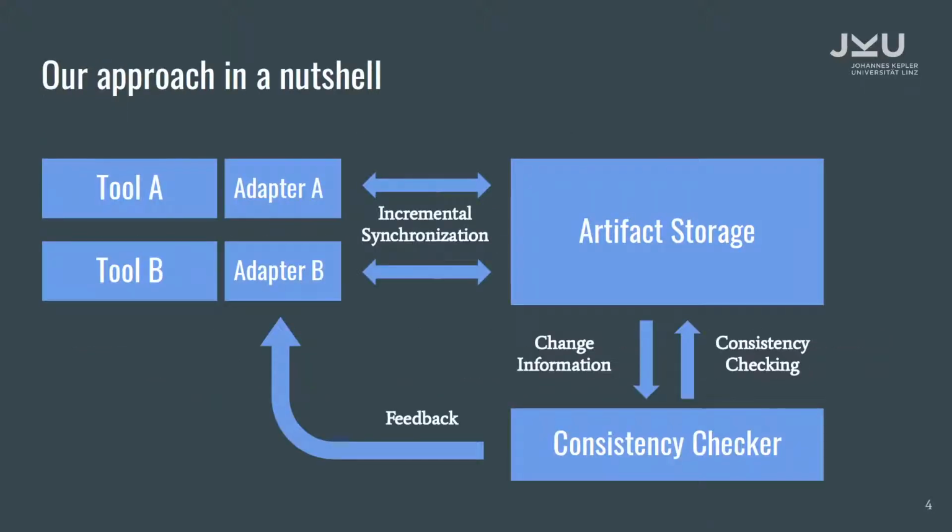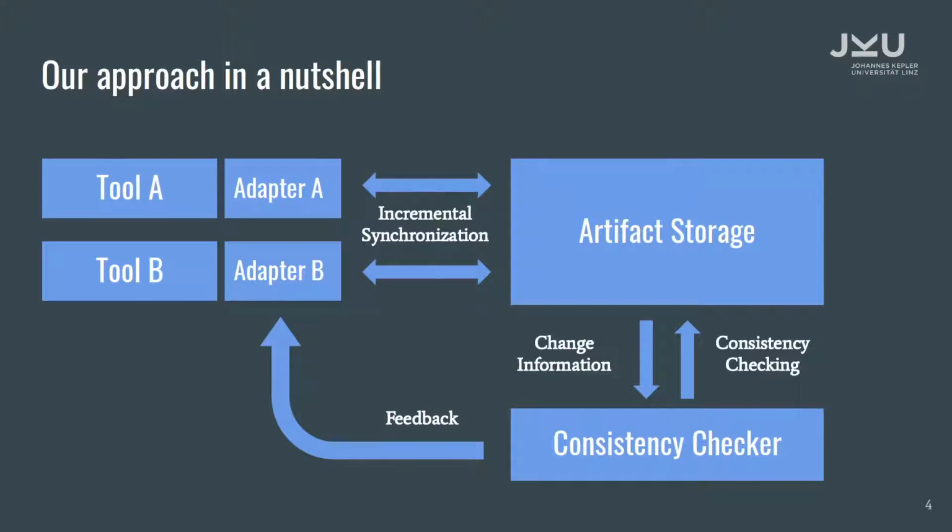In our approach, we equip engineering tools with tool adapters, and these tool adapters incrementally synchronize changes on engineering artifacts from within those engineering tools with an artifact storage. And in this artifact storage, these engineering artifacts, respectively changes thereon, are stored in a uniform data representation and within a hierarchy of changes.